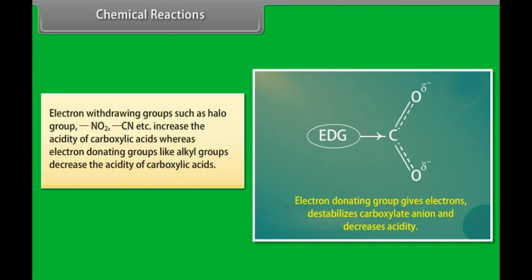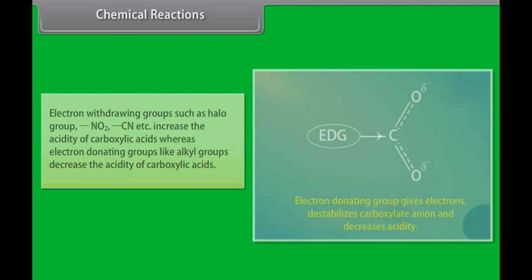Electron withdrawing groups such as halo group, NO2, CN, etc. increase the acidity of carboxylic acids, whereas electron donating groups like alkyl groups decrease the acidity of carboxylic acids.